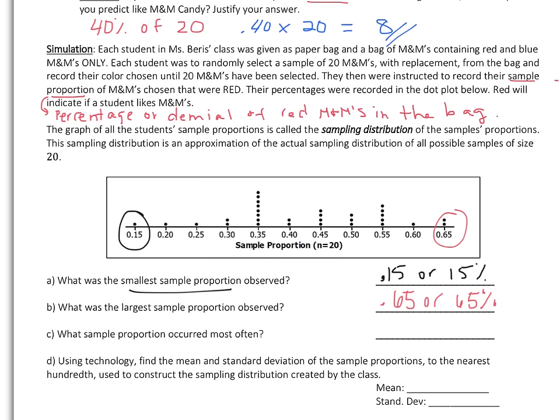So I think this one's the winner. So about 0.35 or 35%. So what these sample proportions are observing is what percentage of those 20 M&Ms were red. So in each person's bag, it looks like one person had 15% of the M&Ms chosen be red. In this bag, 2 people found that 65% of their 20 were red. And 8 people found that 35% of their 20 were red.